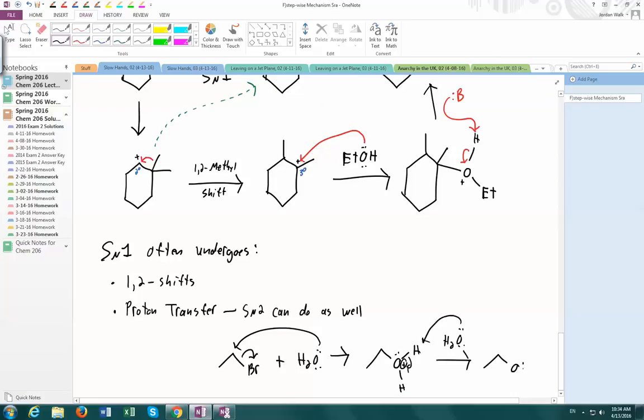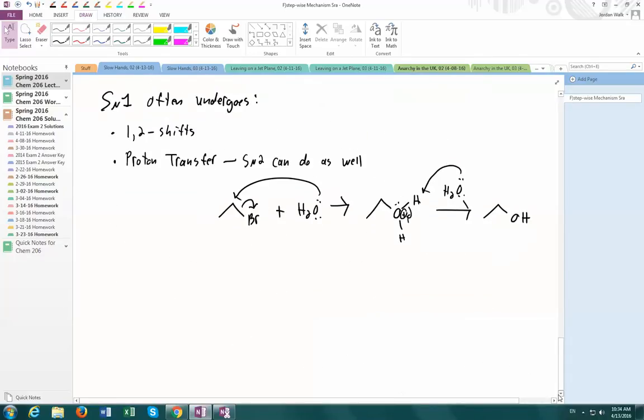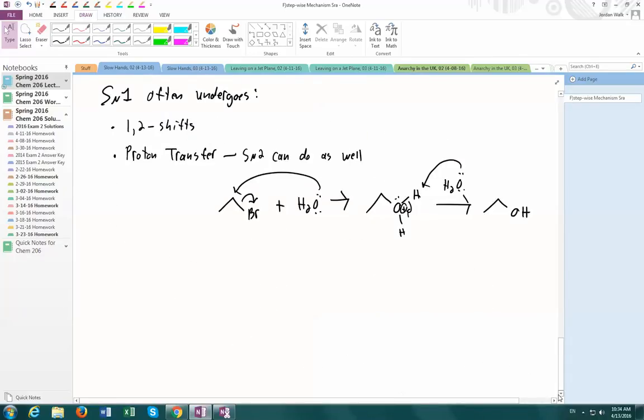Either one's fine, and so we could get to that. So both an SN1 and an SN2 can require these proton transfer steps at some point. And ultimately, the moral of this story is SN1 can be messy.